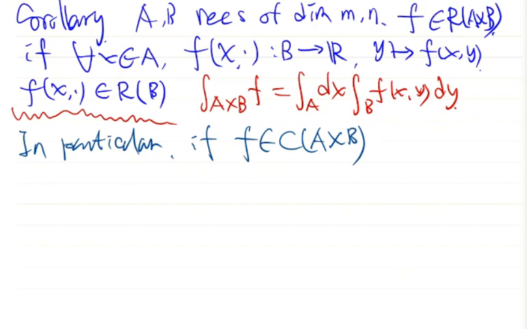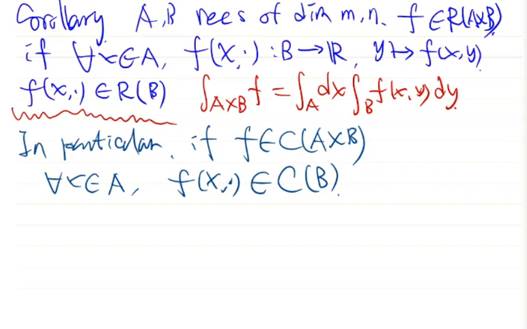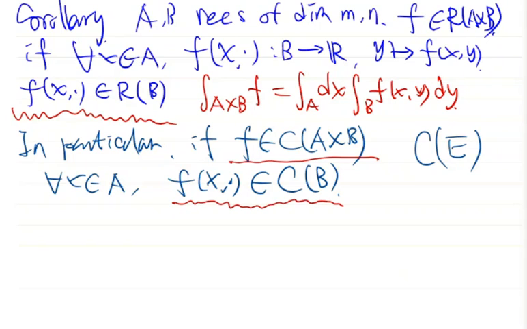And moreover, for any x in A, this function is also continuous over B. I use this letter to denote C(E), all the continuous functions defined on E. Therefore f belonging to C(A cross B) means that f is continuous over the Cartesian product rectangle. Then for every x in A, this function will be continuous over the rectangle B. Therefore, it is integrable. So we have another corollary.